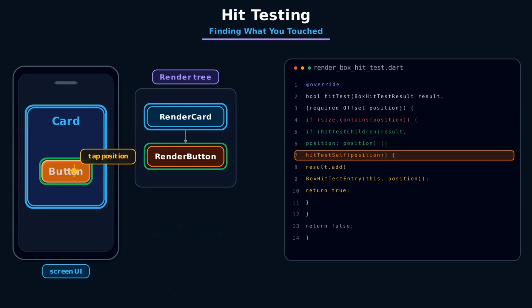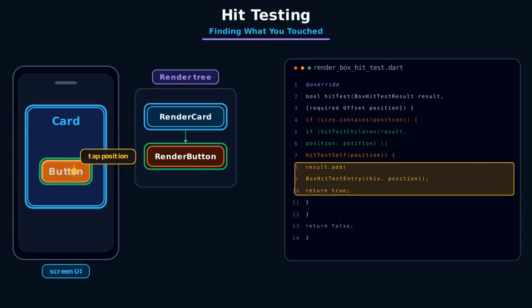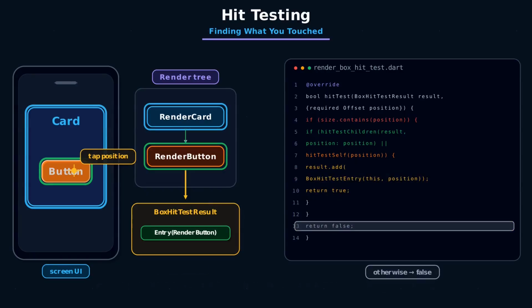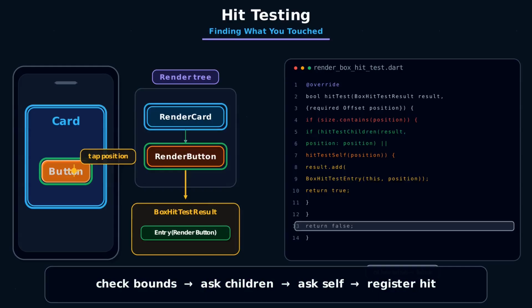If no child handles it, the render object asks itself, do I want to handle this tap? That's what hitTestSelf is for. If either the child or the object itself claims the hit, Flutter adds this render object into the hitTest result, along with the tap position, and returns true. Otherwise, it returns false. So the whole idea is simple. Check the bounds, ask the children first, ask yourself second, and if anyone accepts the tap, register the hit.